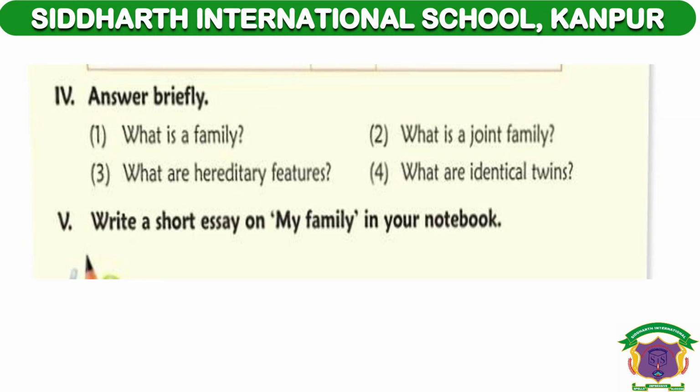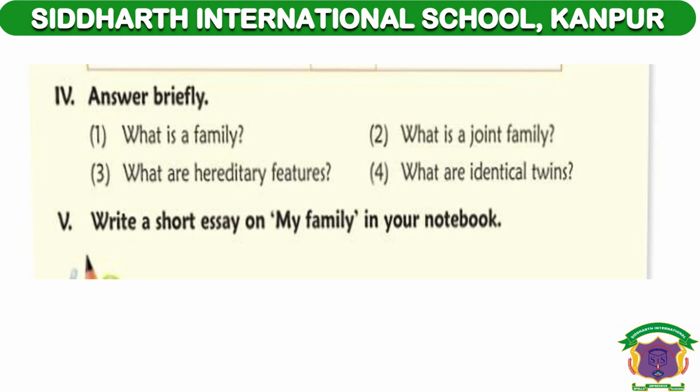So hereditary basically means passing on the characteristics from one generation to another generation. For example, your parents have some certain characteristics, and when you are born, they have passed on their characteristics to you. So this is hereditary. Okay, what are hereditary features?